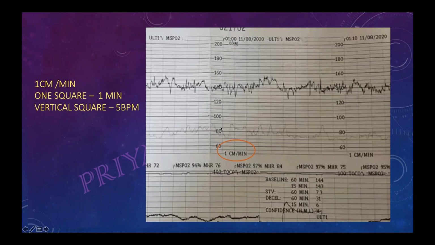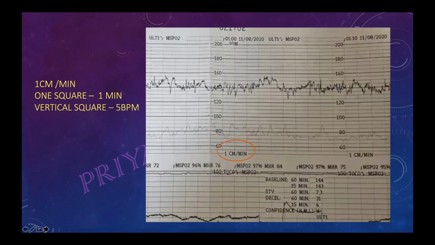So here it is 5 beats per minute for each small square, and this one square is always 1 minute. From here till here it is 10 centimeter. This is a real trace of the UK hospital.